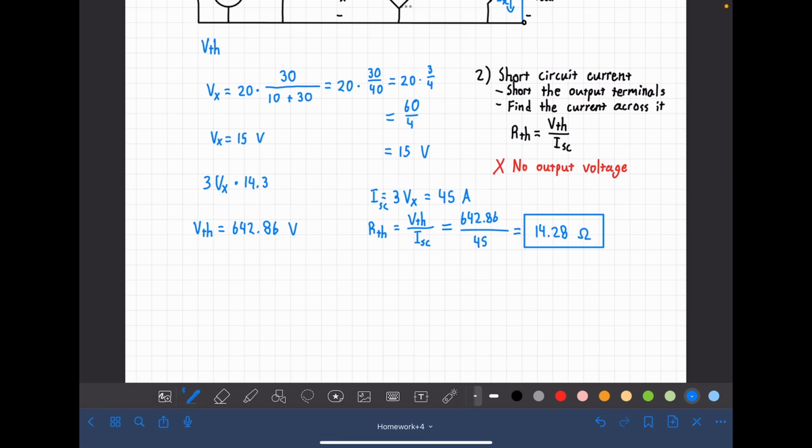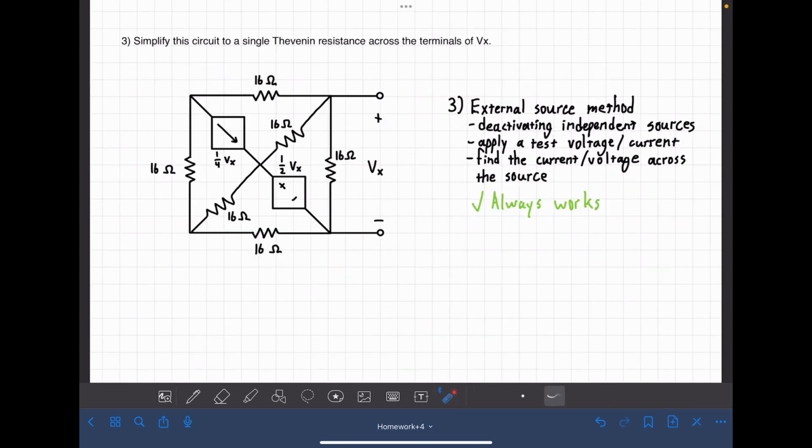And it isn't quite necessary, but it's always good to write out our little Thevenin equivalent circuit. The 642.86 volts and the 14.28 ohms. Okay, with this final circuit, you'll notice that we no longer have any independent sources.